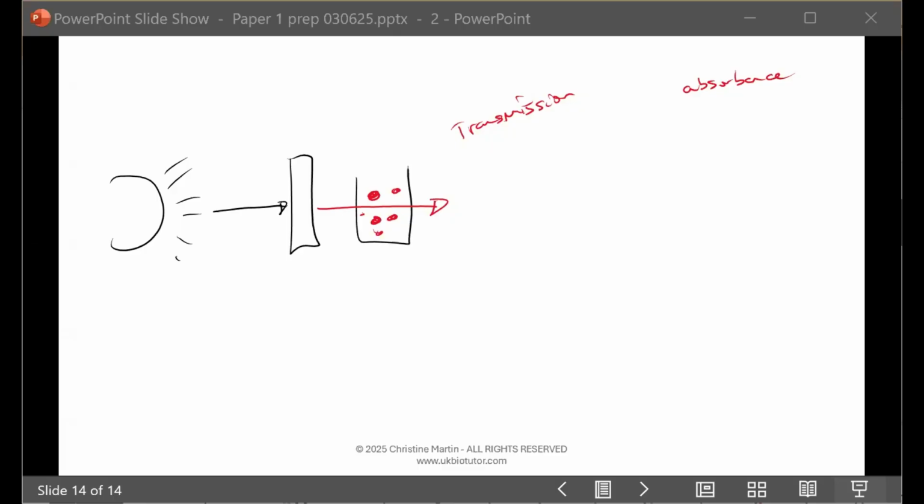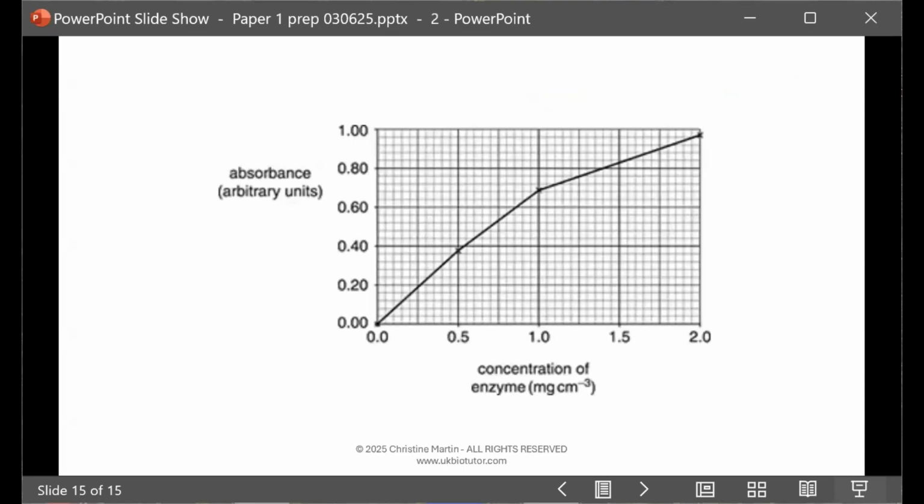Yes, yes. So if there is more absorbance, then you are talking about... let me get you an example. If we look at this question, I'm not really looking at the question, I'm just looking at the graph here right now.